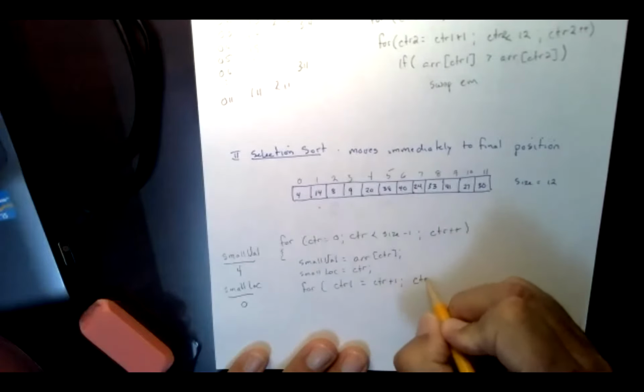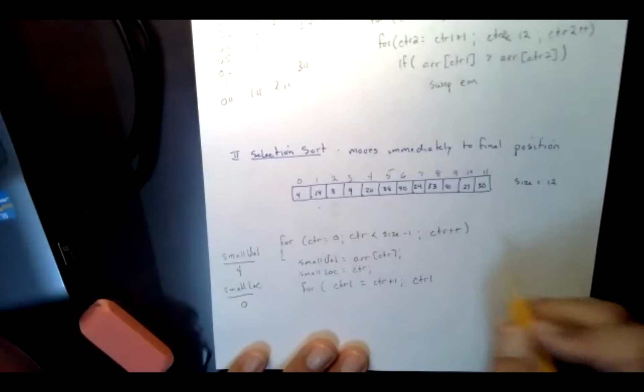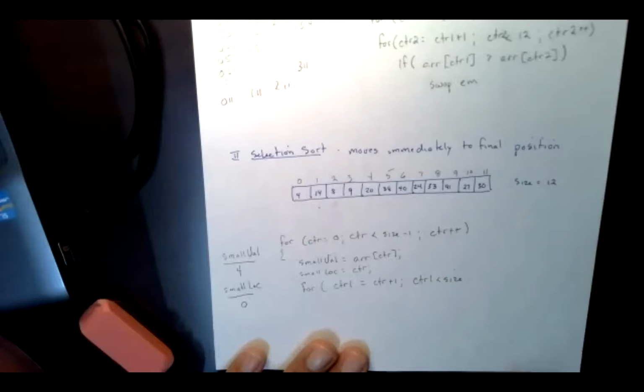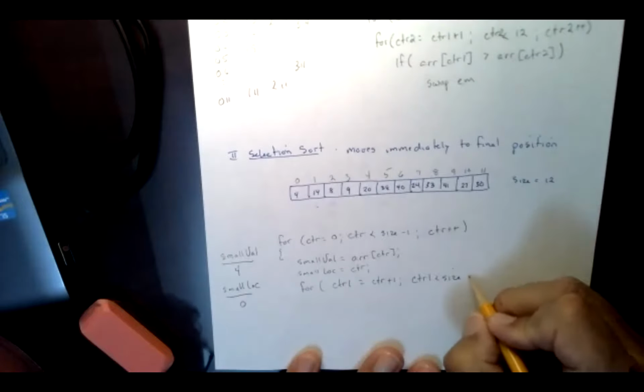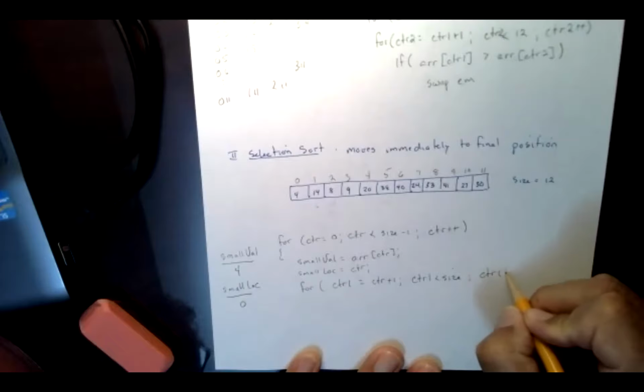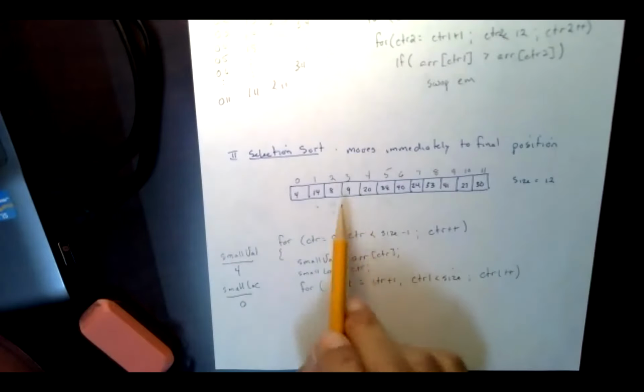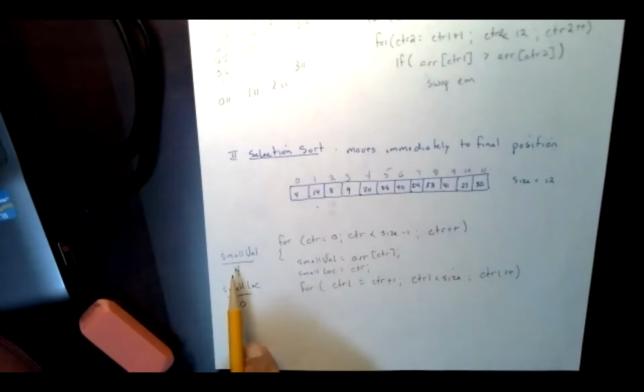How far out am I going to go with counter 1? Less than size. Okay. Counter 1 plus plus. So what do I need to do inside of here? If I find a value that's smaller than small value, then I want to reassign small value and reassign small location. When I come out, I need to swap them.